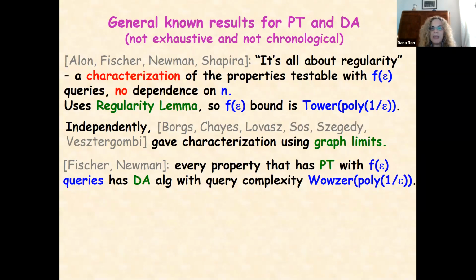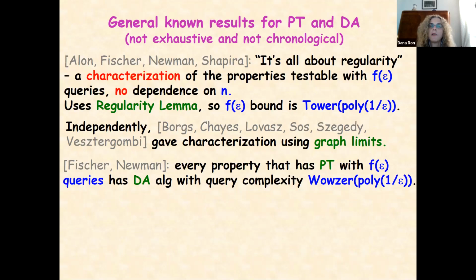And here the complexity is even higher. Wowzer is a recursive definition of towers of towers. If tower is high, Wowzer is really high. But still, it says something very general, it only depends on epsilon, not on n.